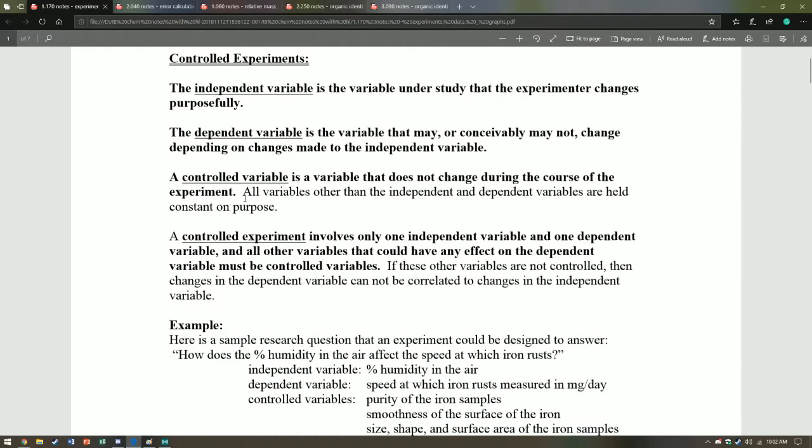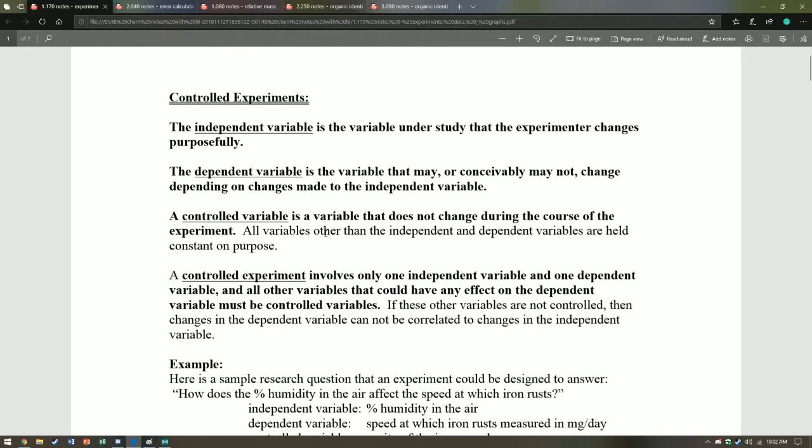A controlled experiment is formally defined as an experiment which only involves the manipulation of one independent variable and how it affects one dependent variable, and every other variable is controlled. The independent variable is the variable that is changed purposefully.